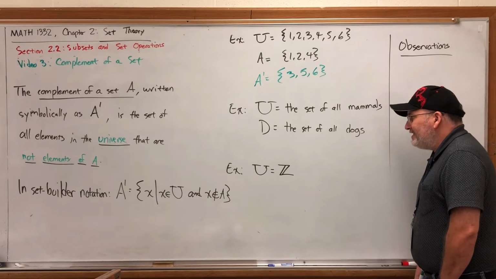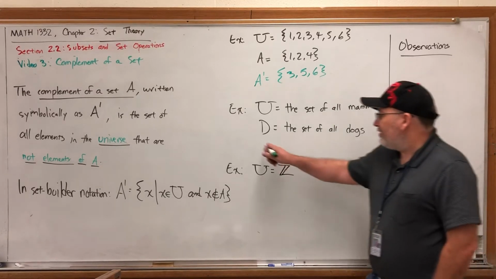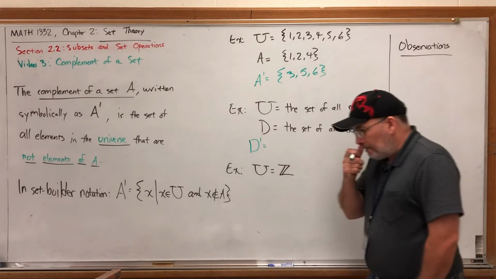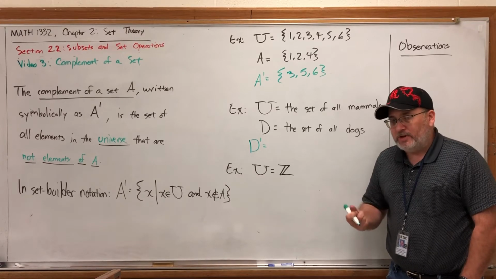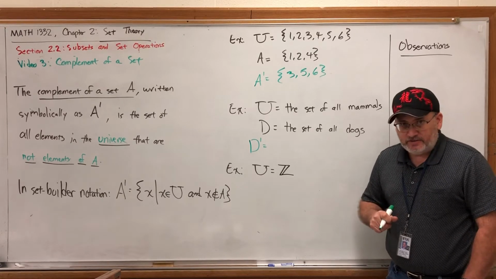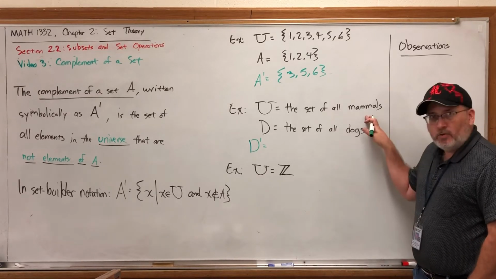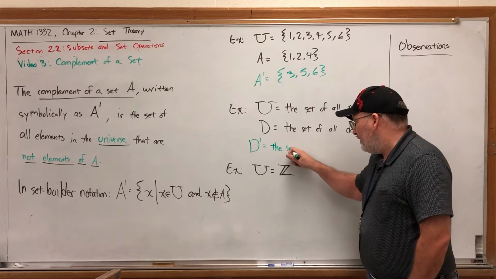Let's let D be a set inside that universe, the set of all dogs. How can we describe D complement? Well, remember, to be in the complement, you must be in the universe, but not in the given set. So if we're in the universe, that means in this context, we're a mammal. So we need to start by saying the set of all mammals.